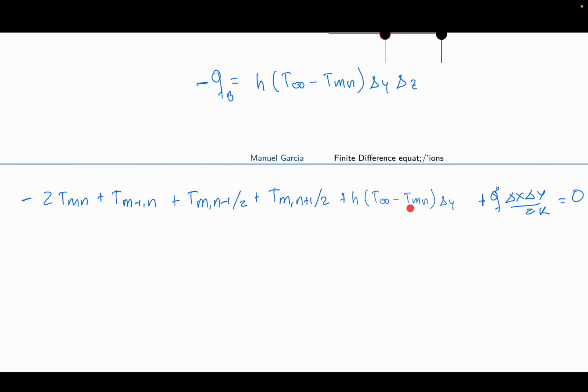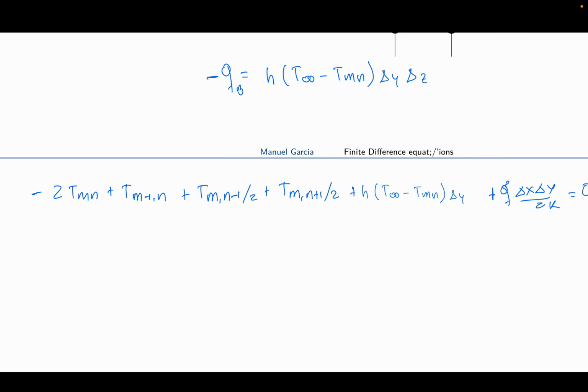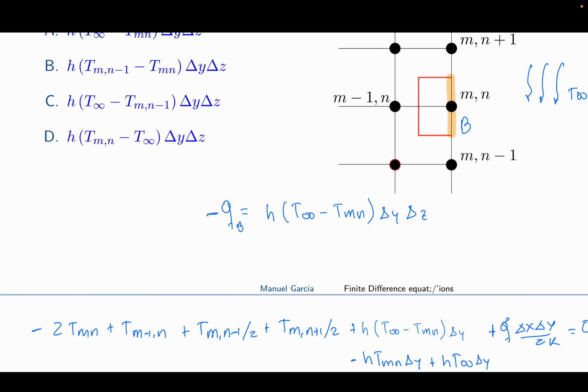That means we have an additional Tmn, plus h multiplied by, so that will be negative h Tmn delta y, plus h multiplied by T infinity delta y. So those are the two terms.